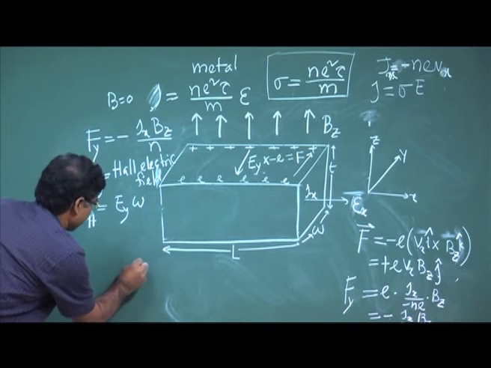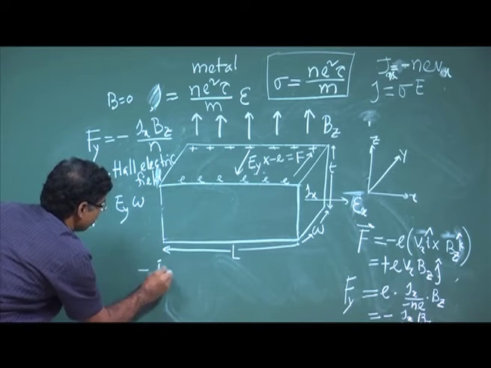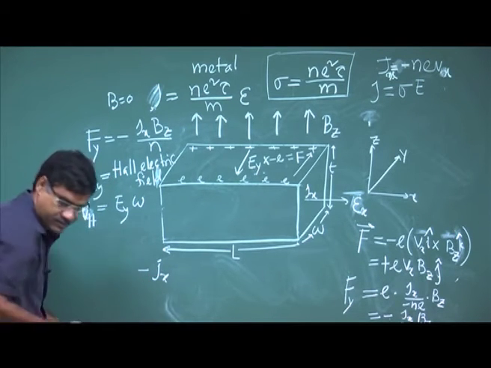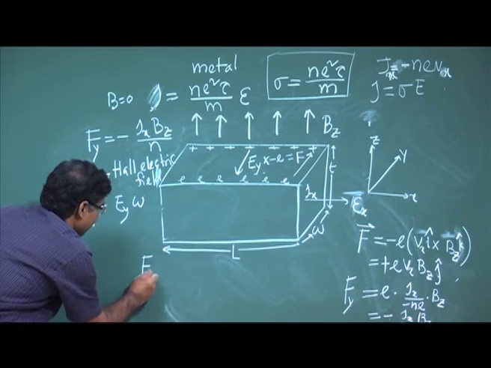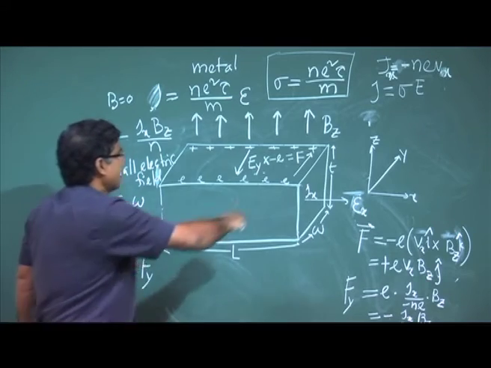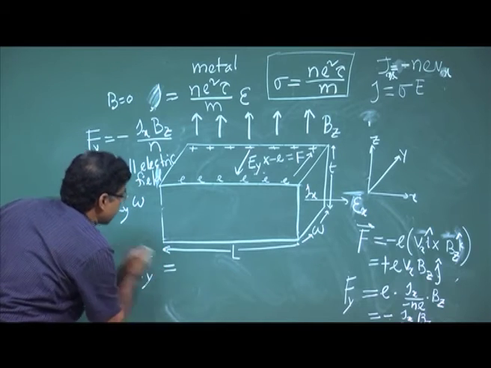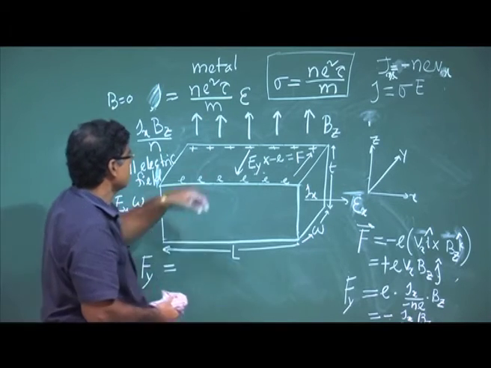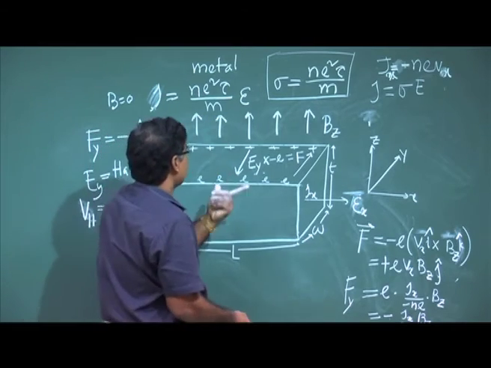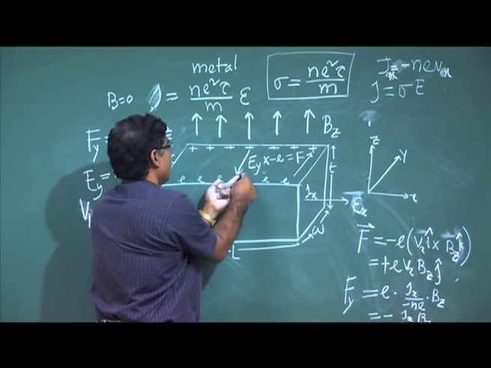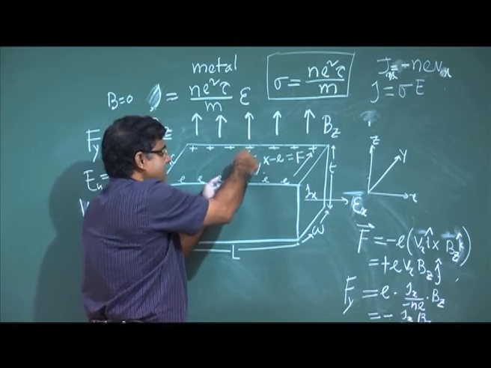So, this F_y is minus j_x B_z. So, basically F_y along the negative direction has to be equal to this. Now note that here this is the electric field direction, this E_y itself is negative, right.